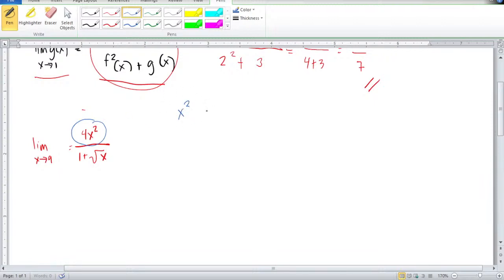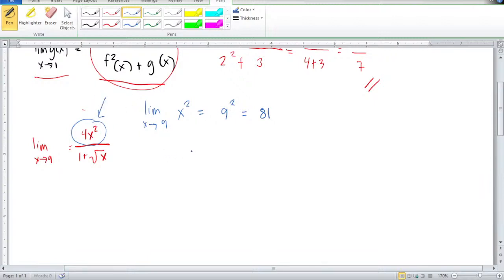This is a function that you have to apply power. So let us first get the limit of x squared as x approaches 9. What will be the value? So obviously, simply substitute 9 squared. So that would be 81. Therefore, the value of this x squared here is 81.